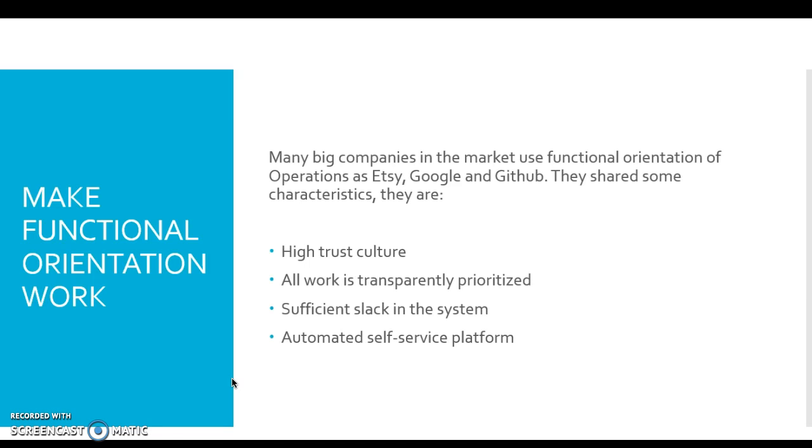First is a high-trust culture. Then all work is transparently prioritized, there is sufficient slack in the system, and an automated self-service platform, which we have discussed before. So even though they have a functional orientation, they still share some points of the market orientation, which seems like a matrix, but is still using the functional orientation.